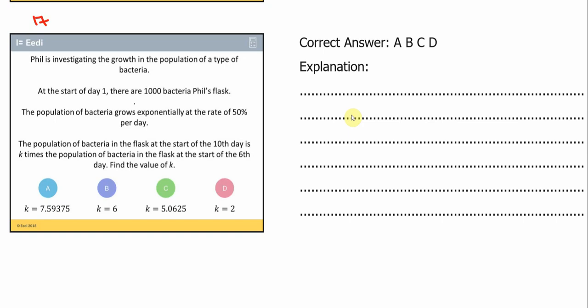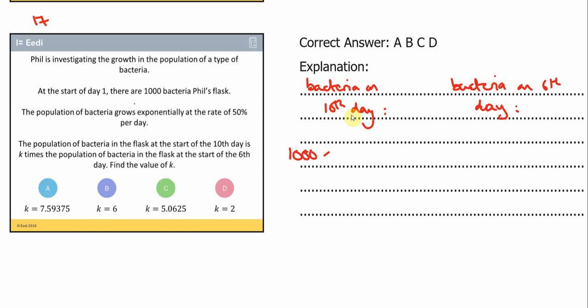So I want to find bacteria on the 10th day, and bacteria on the 6th day, and see how much bigger the one on the left is than the one on the right, by doing a division. So nothing too crazy, just understanding what to do is hard.